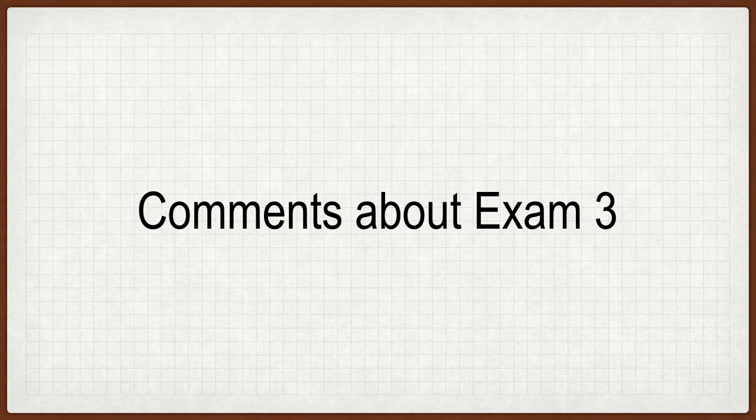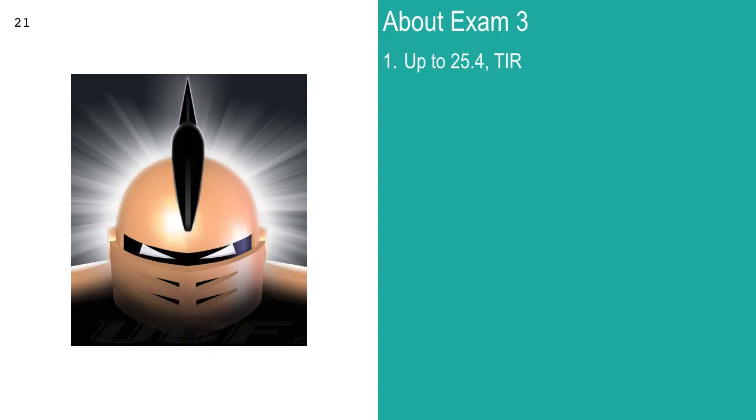Okay, now we're done with instruction for today, but now I want to give you some exam comments for exam 3. So this is like your homework assignment for the weekend. Now, the furthest extent that we've gone is 25.4, total internal reflection.